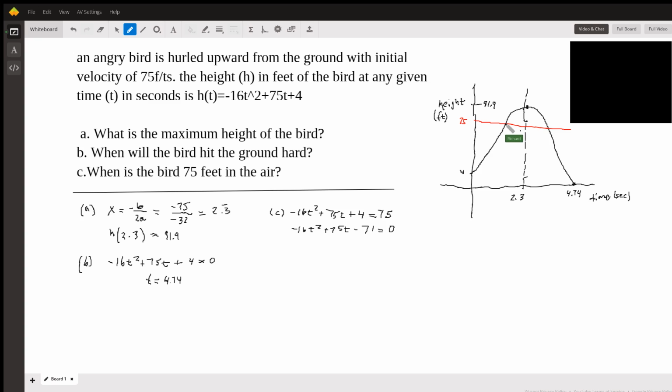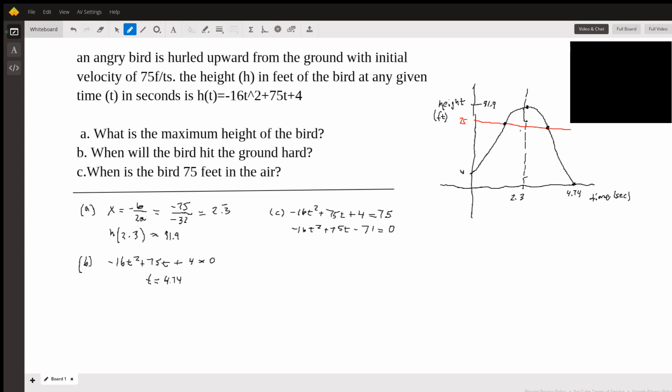So we're interested in these 2 points. Once again, if you wanted to do this by hand, you would have to use quadratic formula. Much easier to do this on a calculator, so that's what I'm going to do now.